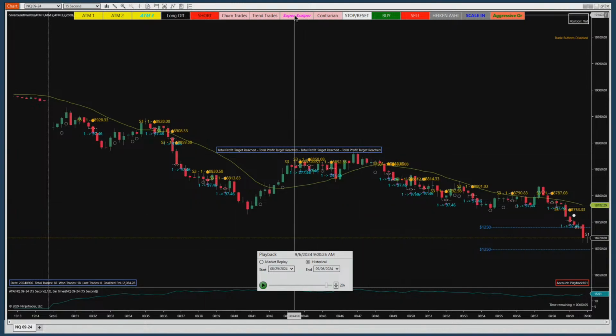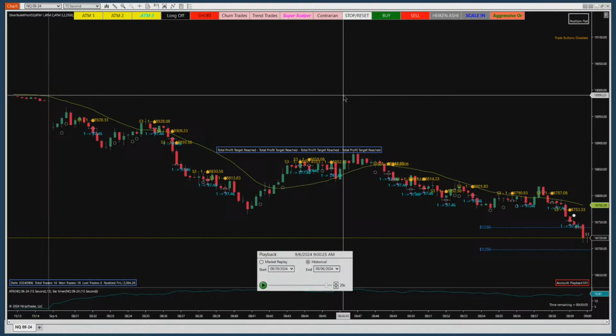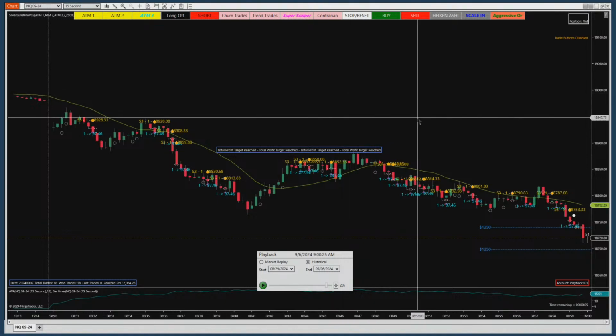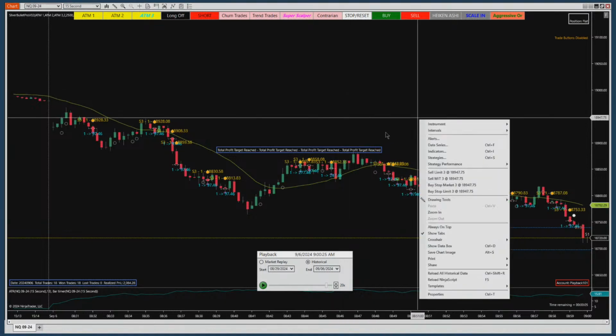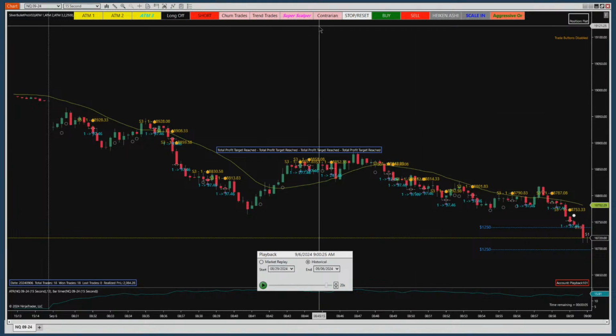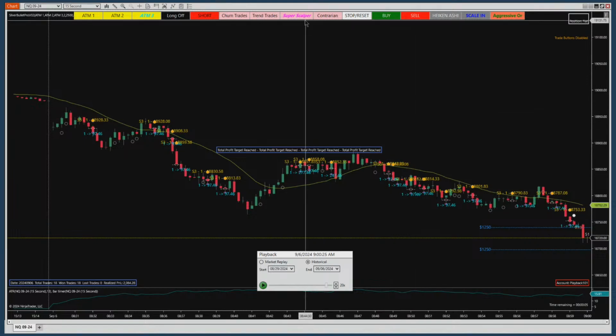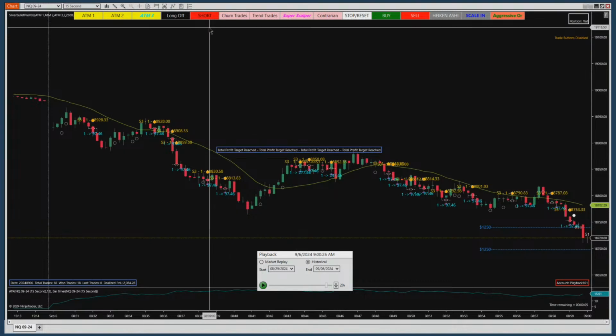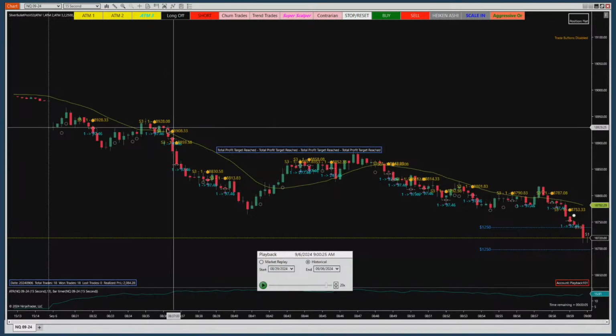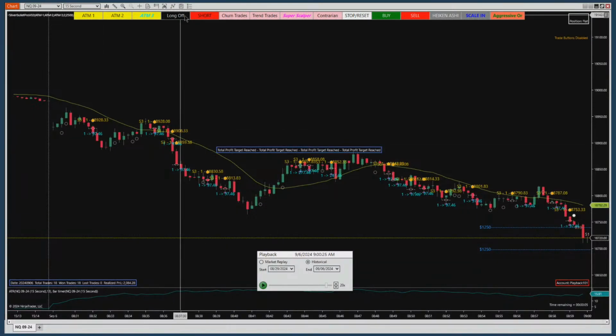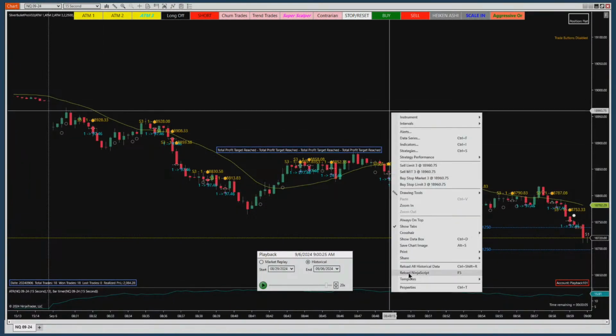So again, Super Scalper was also profitable. What else can I show you? Let me show you both the sides, buying and selling.